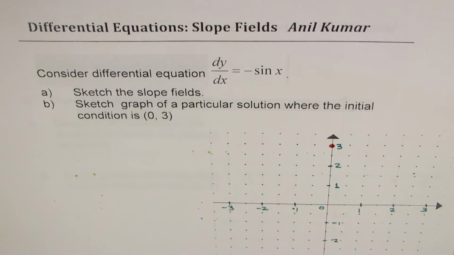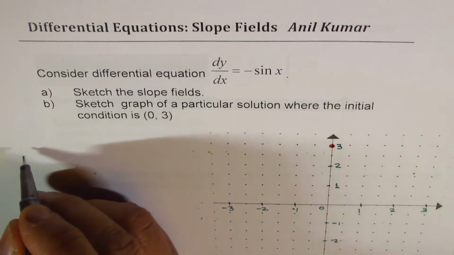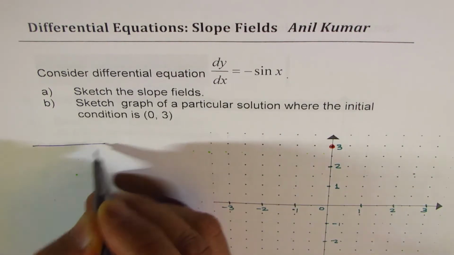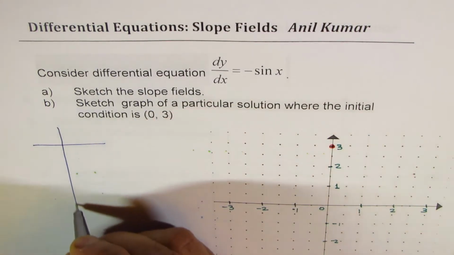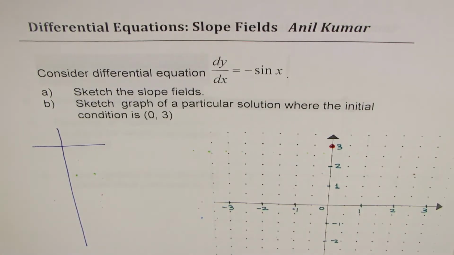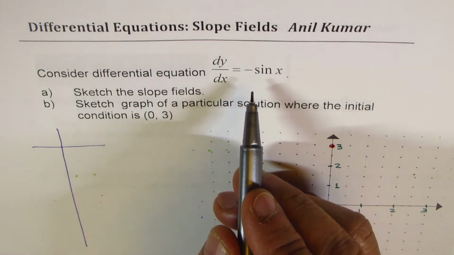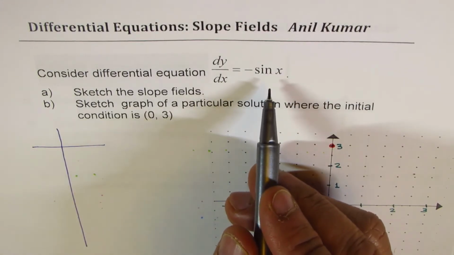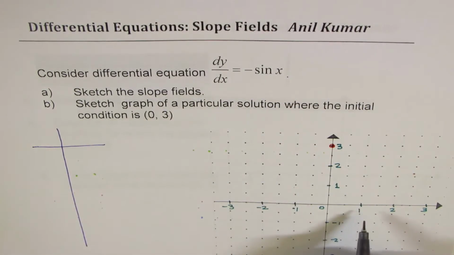So the first step is we have to look at slopes at every point. We'll consider a few points which are important to us, and from there we can draw the conclusion. Let me first change the horizontal scale. When we talk about trigonometric functions, we like to write the values in radians.